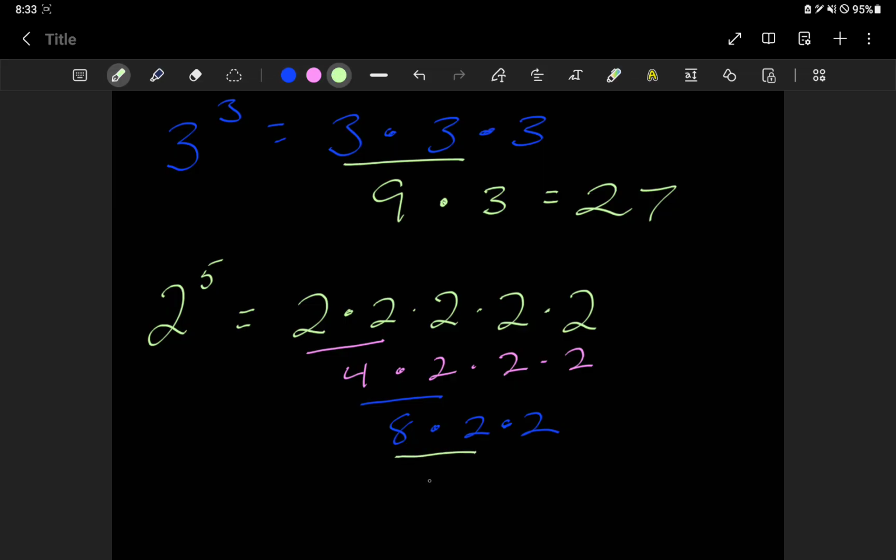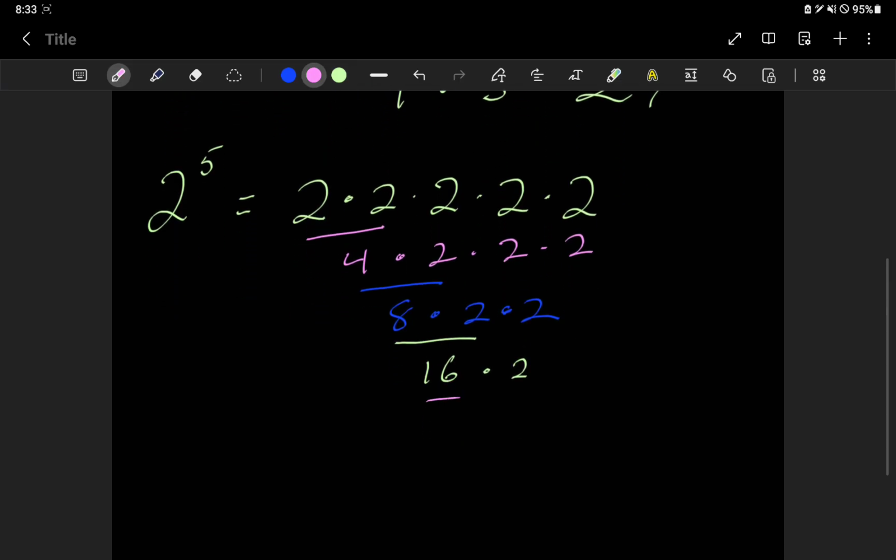Eight times 2 is 16. And 16 times 2, as I start to write the wrong number, is 32. Okay, and so that's our final answer. It's just multiplication.